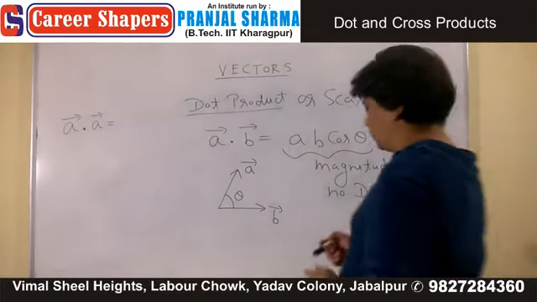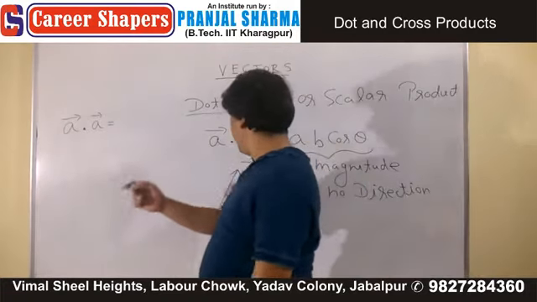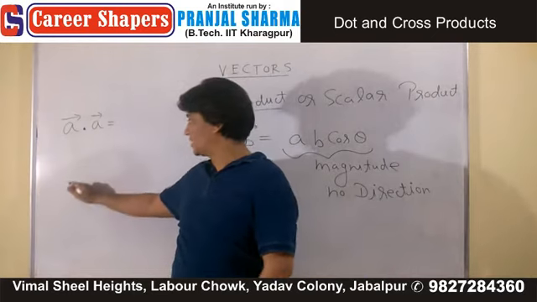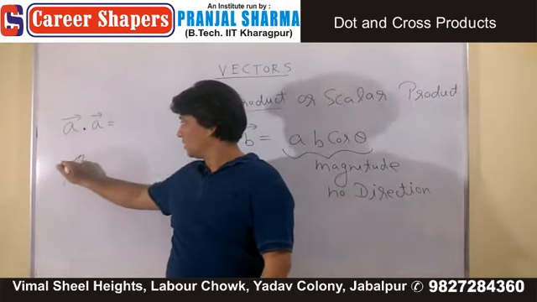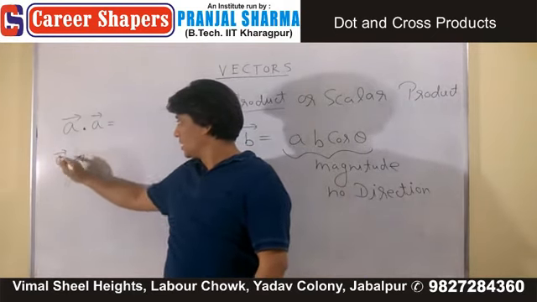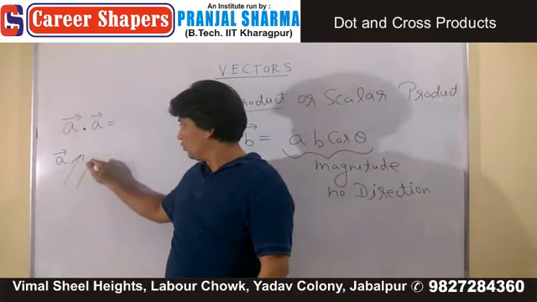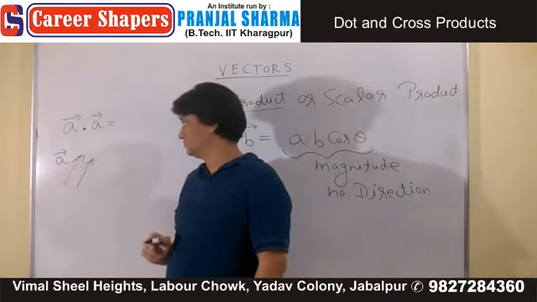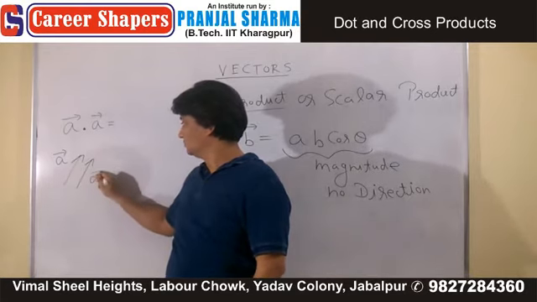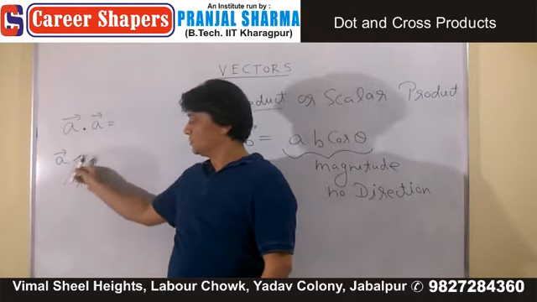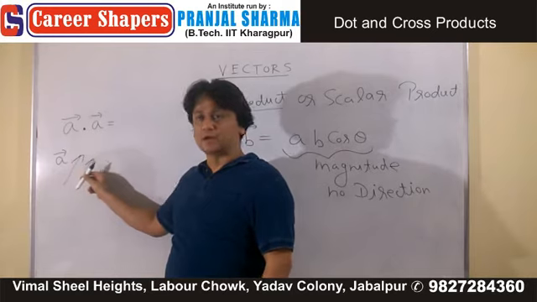Good. What is A dot A? Let's say you have a vector A, and you are taking its dot product with itself. They both are the same vectors.